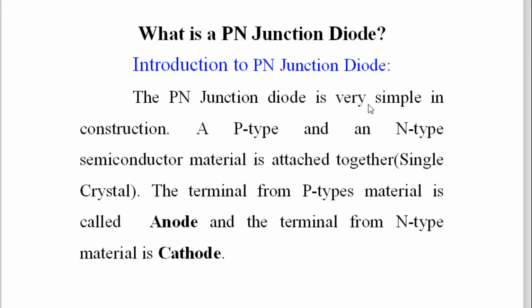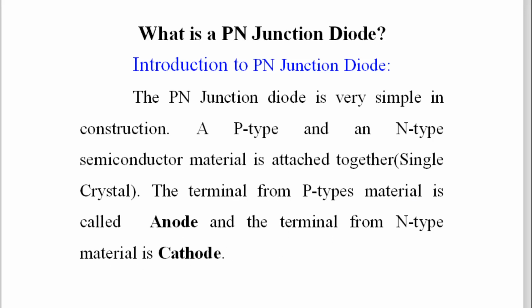The PN junction diode is a very simple construction. A P-type material and an N-type semiconductor material are attached together, but they are attached as a single crystal. That is more important. The terminal from the P-type material is called the anode and the terminal from the N-type material is called the cathode.